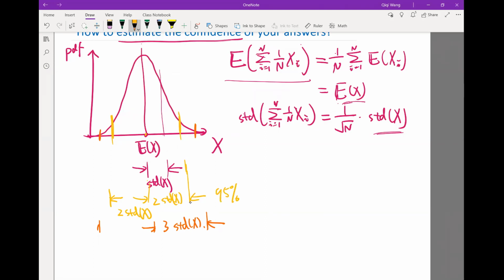95% confidence, because the mass, if you believe in the Gaussian or normal distribution, the mass within the plus minus 2 sigma bound is about 95%. And 100% is the integral below the entire PDF. It's guaranteed to be 100%, right? And the integral between minus and plus 2 sigma is about 95%.